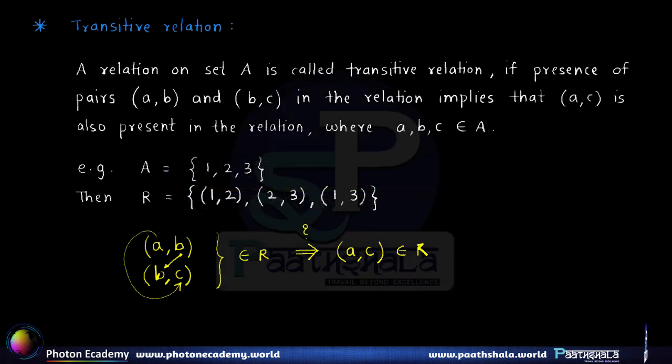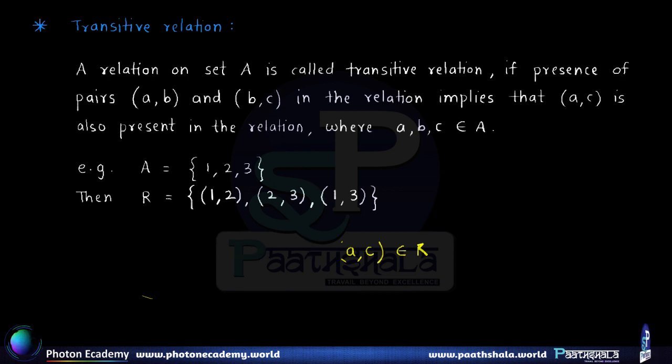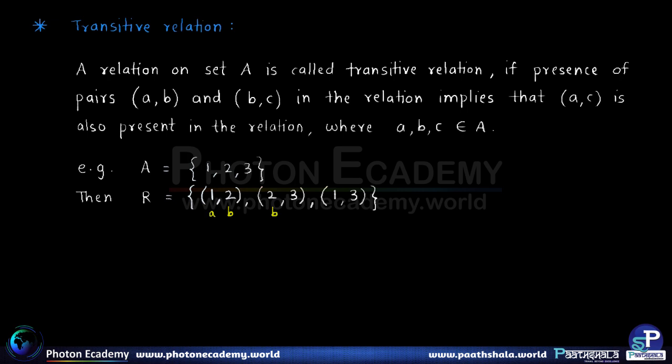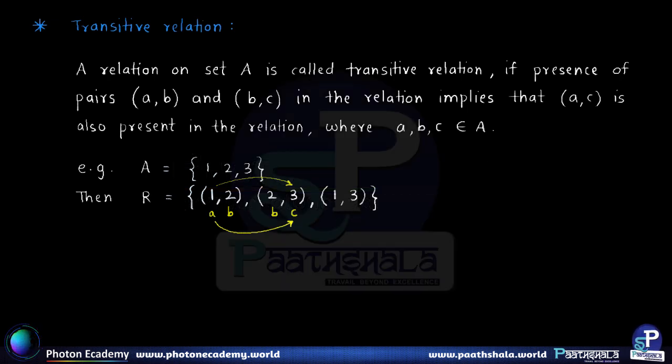As an example, let us see the relation given here: we have the pairs (1, 2) and (2, 3). By analogy, this is (a, b) and the second pair is (b, c). So we must search whether the pair (a, c), which is (1, 3), is also present in the relation, and we see that yes, it is already present. Therefore this given relation is a transitive relation.